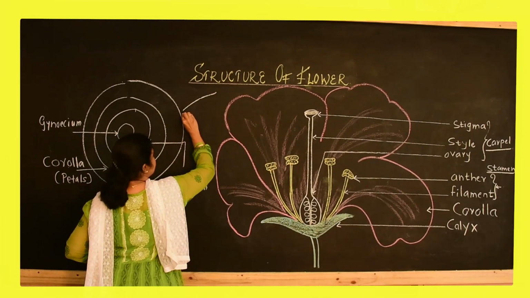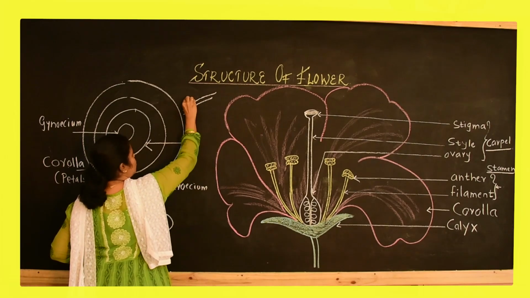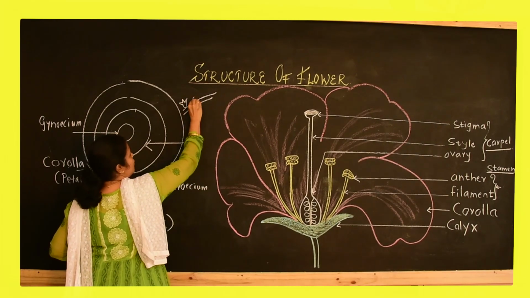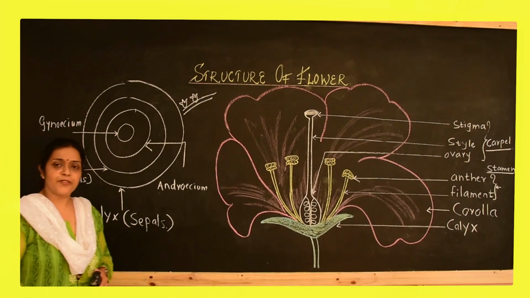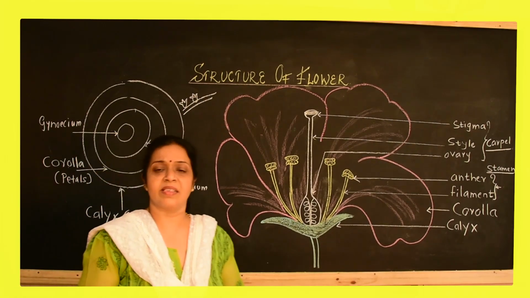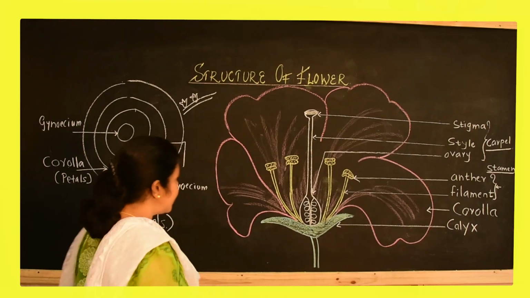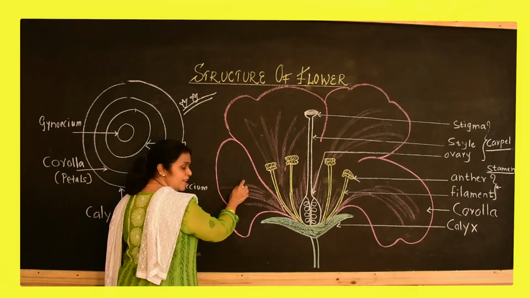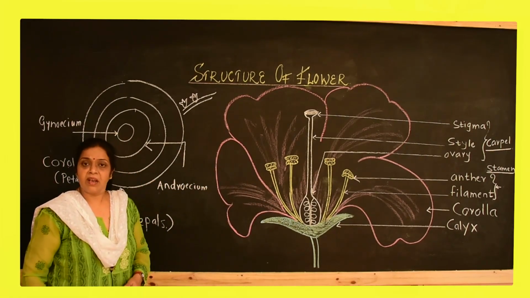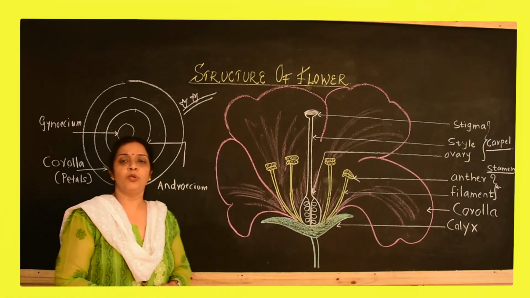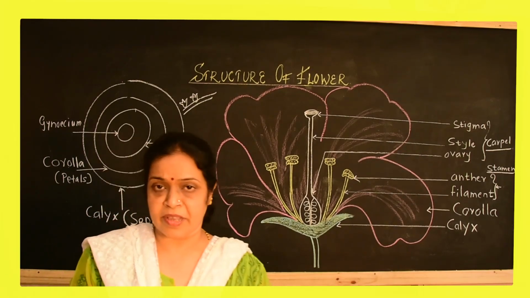For example, just this is a branch, the flower will grow directly there on the branch and they do not have this pedicel or this stalk. Such flowers are called as sessile flowers. So either the flower may be pedicellate flower like in case of hibiscus, or it can be a sessile flower which do not have any stalk there.